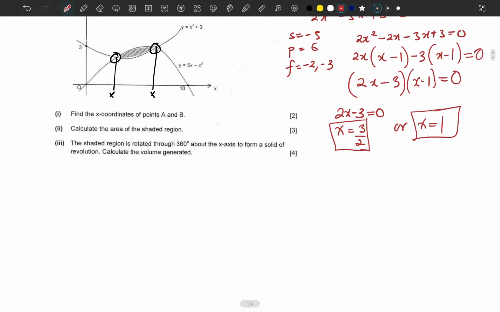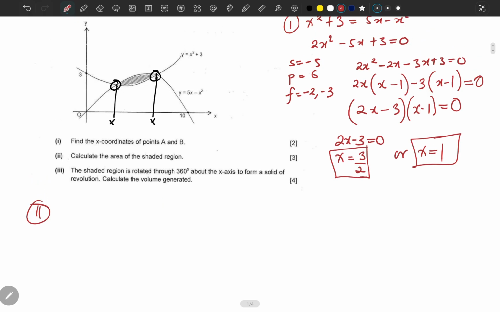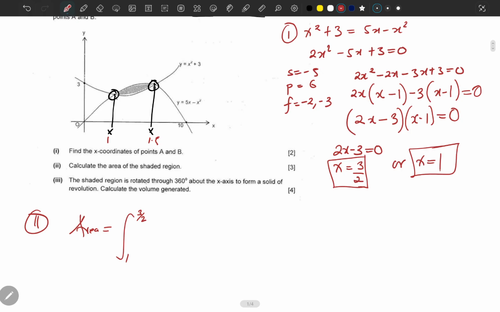All right, part 2 is telling us to find the area. So the area is given by the integral from 1 to 1.5 because 1.5 is 3/2. So 1 to 3/2. All right, of what? Now we are going to get these two equations, or these two curves.